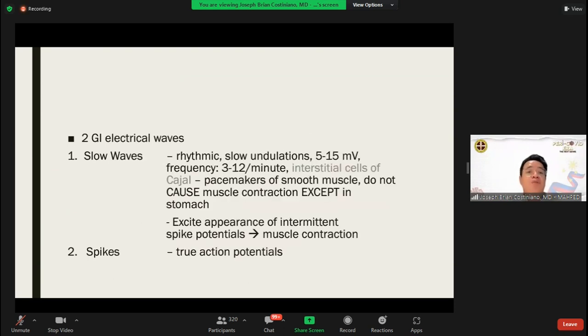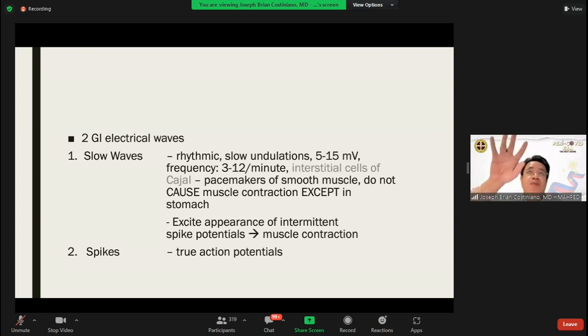So you have two GI electrical waves, and the true action potential. Usual question is, which of the following GI electrical waves is a true action potential? And the answer is your spikes. Your slow waves are slow undulations that are due to your interstitial cells, but they do not cause muscle contraction.